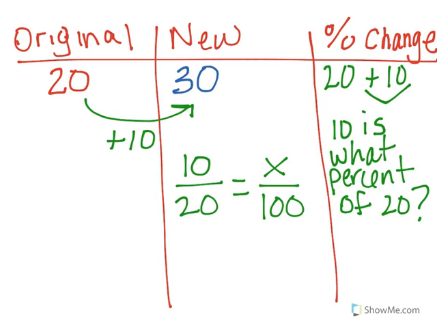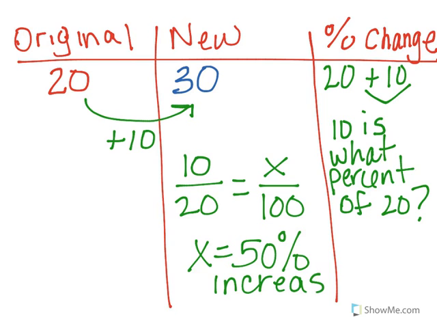Well, if the original is 20 and I add 10, 10 is half of 20. So when I set up my proportion and I solve, x is going to be 50%. And since it's an increase, it's a 50% increase.